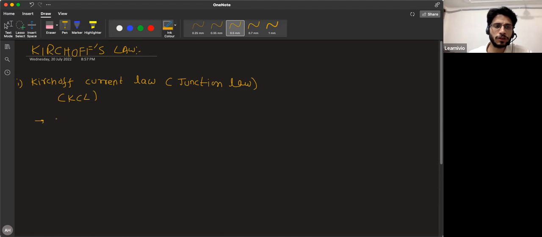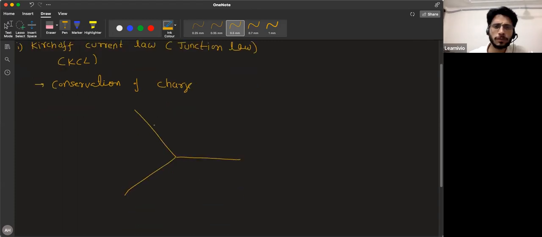This law is based on conservation of energy, or sorry, conservation of charge. So see, you have a few wires. Some current is entering from this wire, some current is entering here, and some current is leaving. This is the junction.